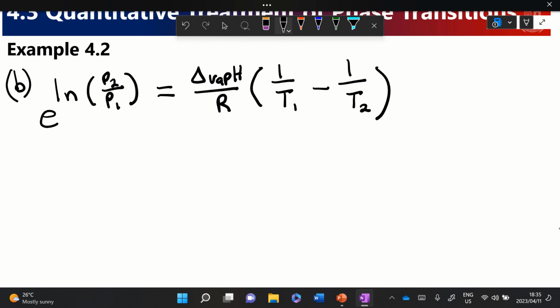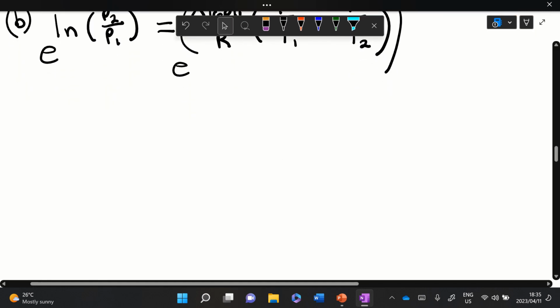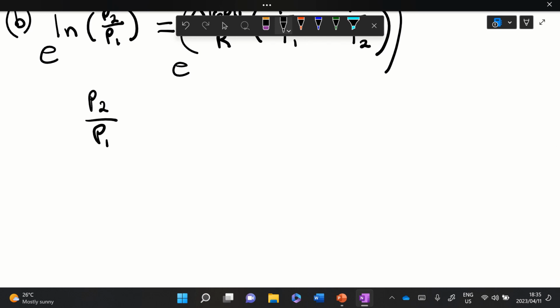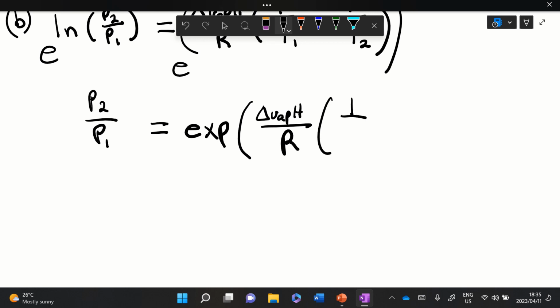So we take e to the power of this and e to the power of everything there. So then we're left on this side with P2 over P1 is equal to, I'm just changing the notation to write out the exponent, e to the power of ΔH vap over R, times 1 over T1 minus 1 over T2.